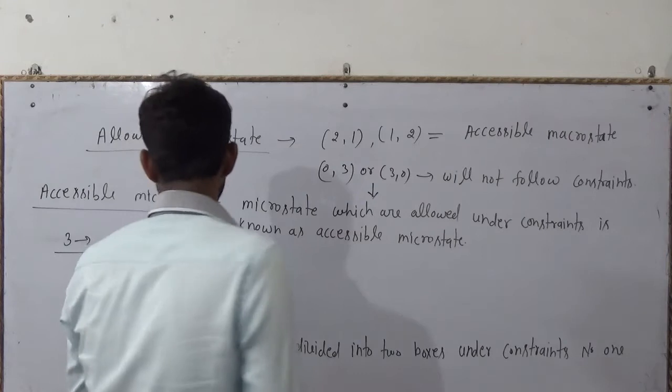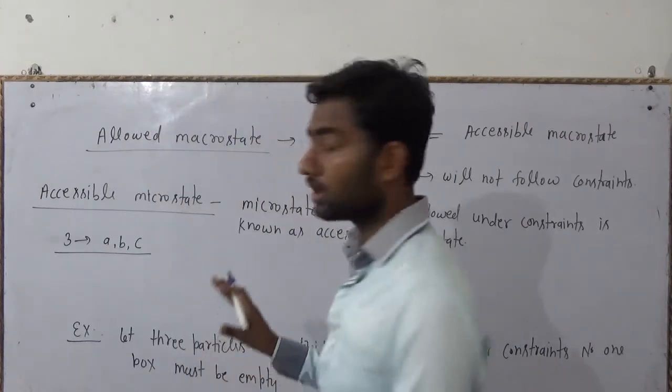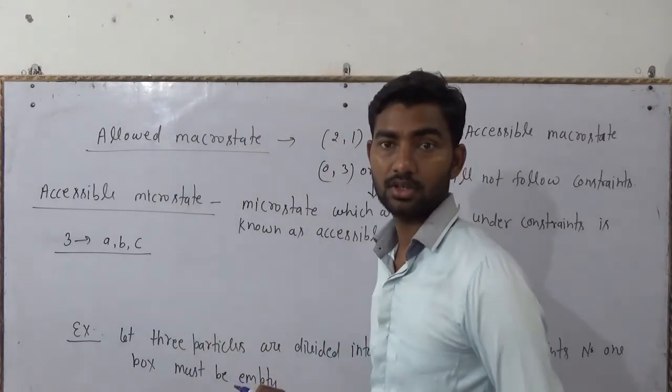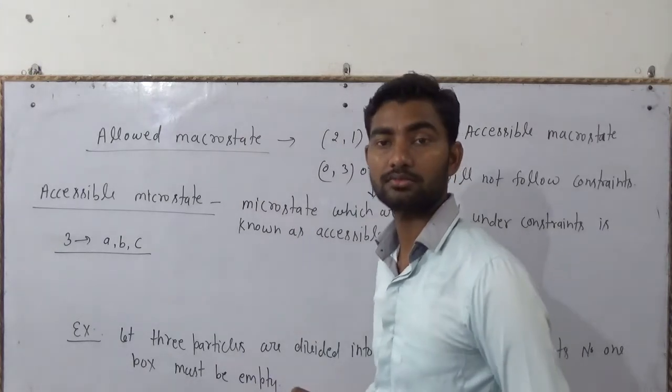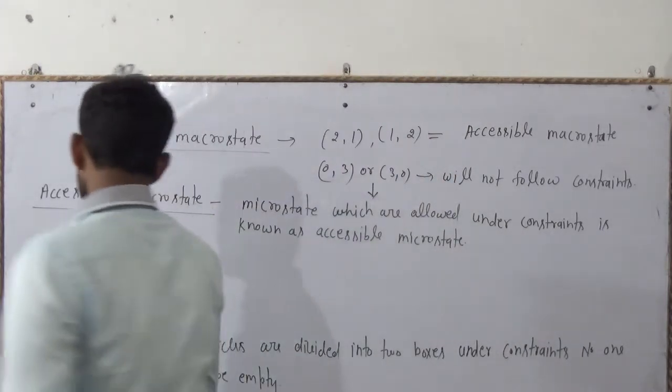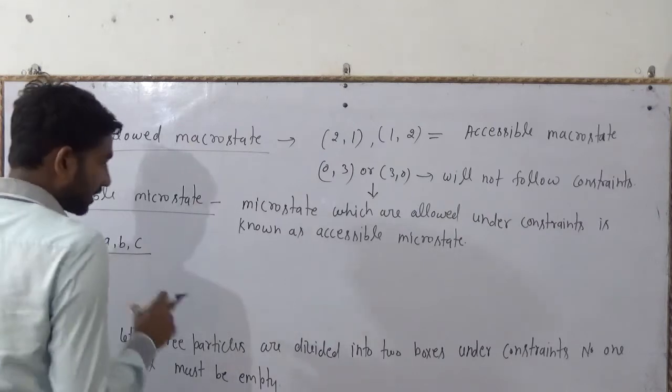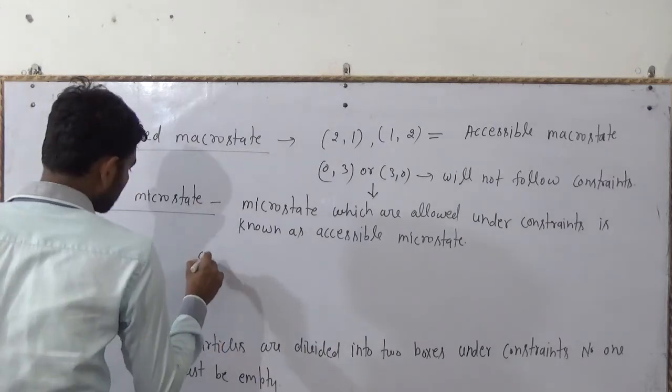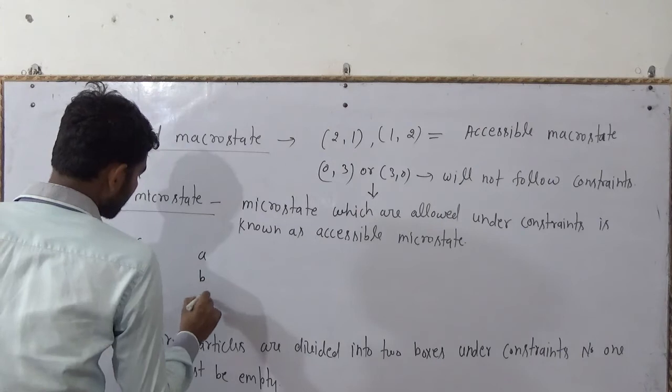Firstly, we will discuss the microstates for these three particles A, B, C into two boxes.